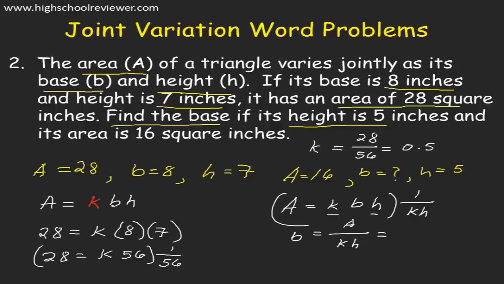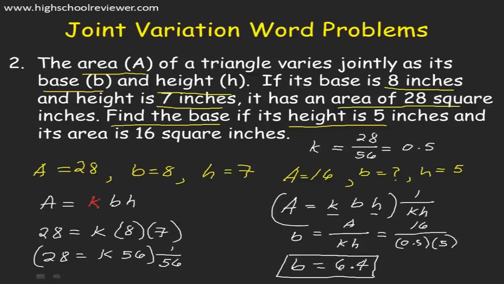Our A is 16, divided by K, which is 0.5, multiplied by H, which is 5. So our B, or our base, will be 16 divided by 0.5 times 5. So we have 6.4. B equals 6.4 is our final answer for number 2.